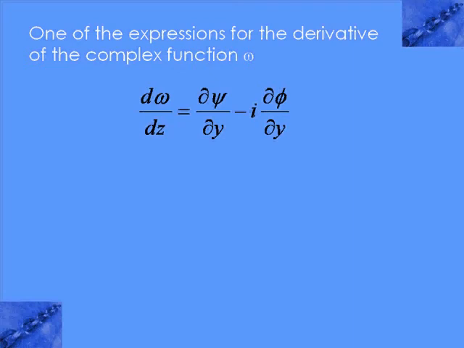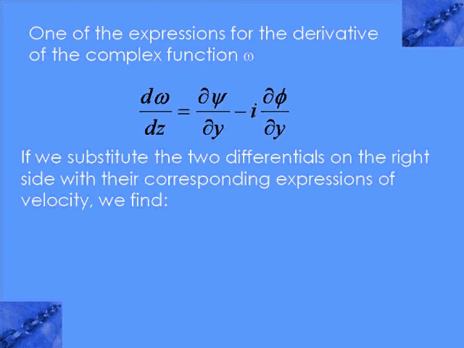If we look very closely at the derivative of omega with respect to z, which we defined in the previous slides, you will see that it gives us a relationship, and the expression on the right, if you look at it very closely, is an expression of velocity.